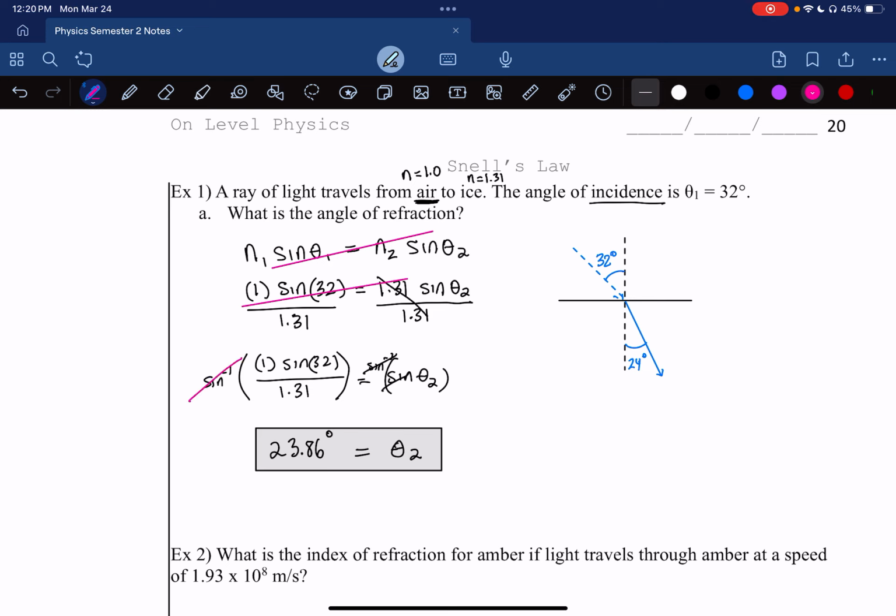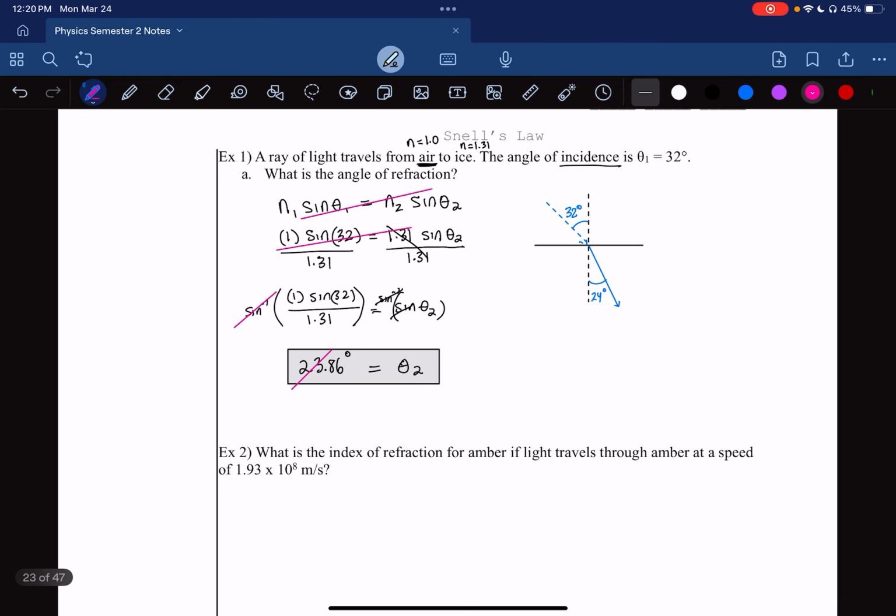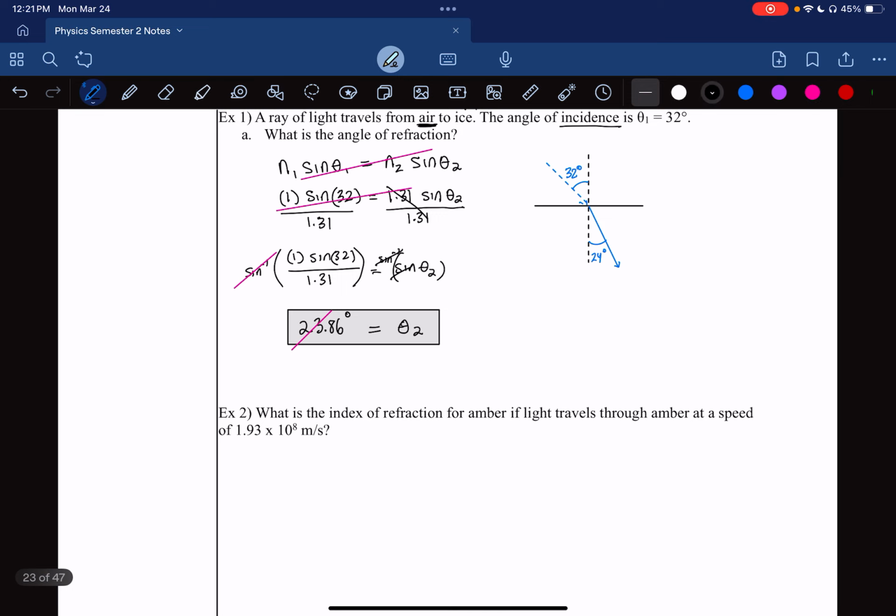I'll give you a point for using sine inverse because that's crucial. You have to use that. And what else? Yeah, I'll give you a point here for the correct answer. So that would be like 4 points. Okay, it's supposed to be degrees. I don't know if I'm going to be checking for degrees, but make sure you have the degree symbol. I may or may not give a point for that. Who knows?